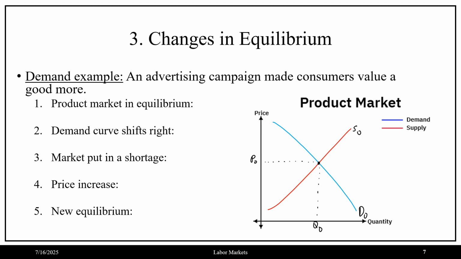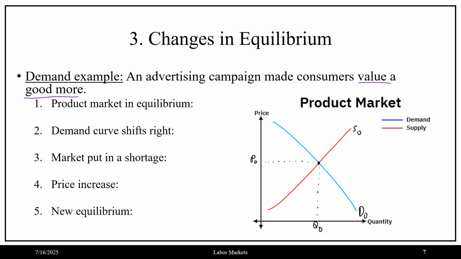The factors of demand were price, ability, and willingness. The advertising campaign makes the consumer value the good more, so price is staying the same. The value they place on that good is increasing, so additional satisfaction. So they are more willing to purchase the product. So we should expect to see an increase in demand with price staying the same.